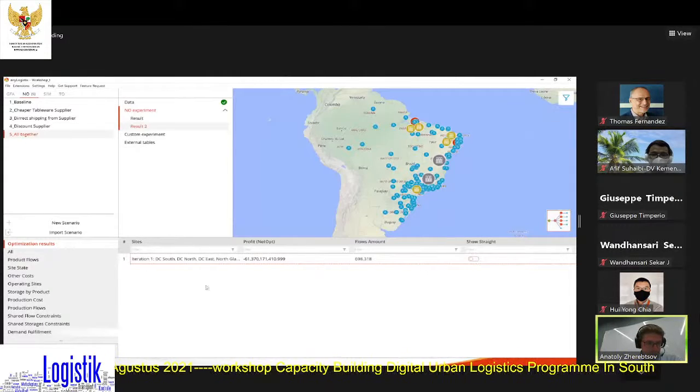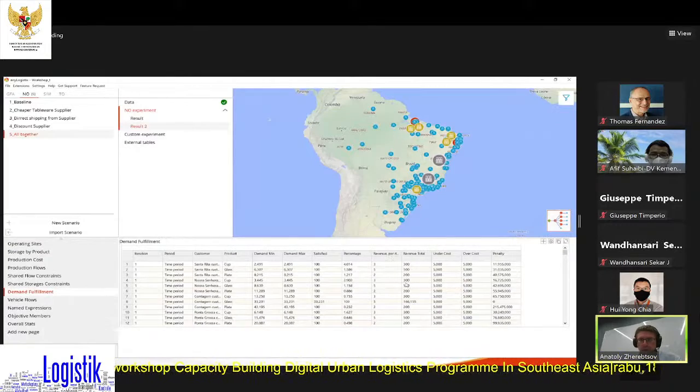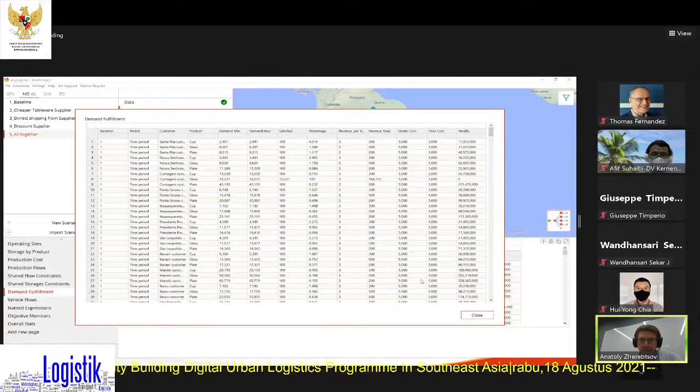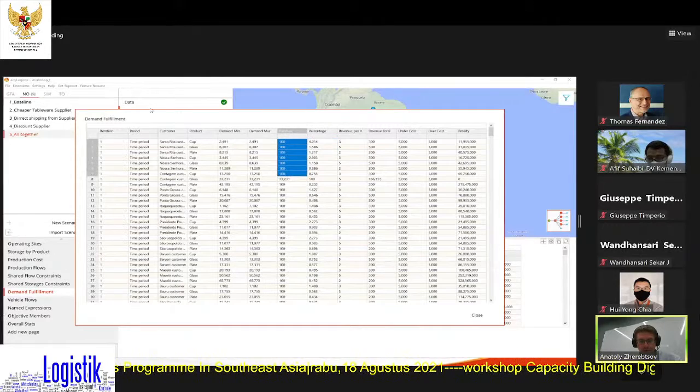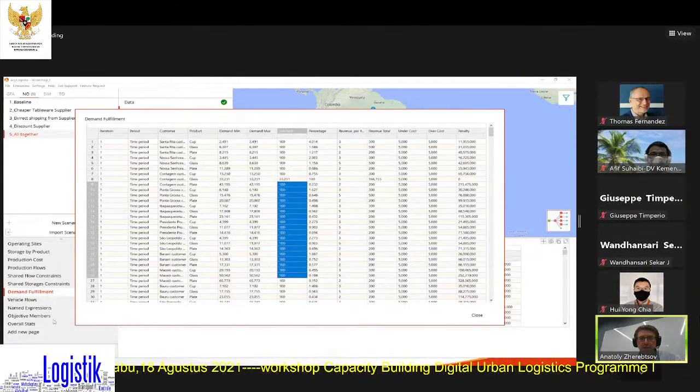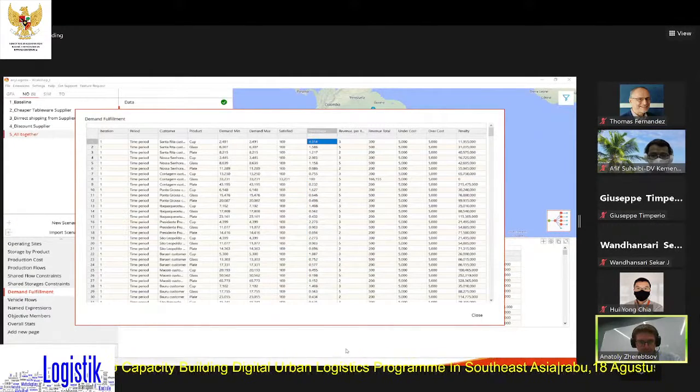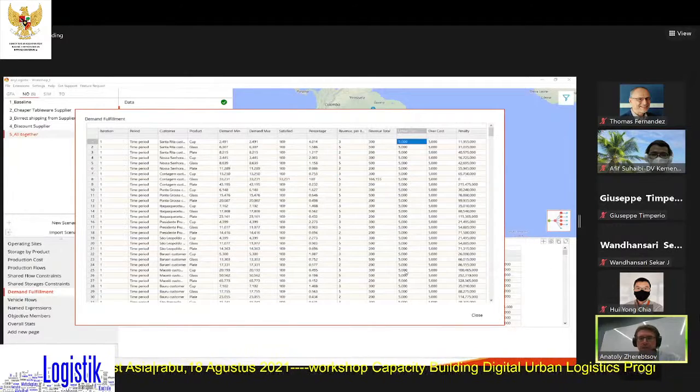And if we go to the demand fulfillment table, we'll notice that our hard constraint for flows is maintained, but as a result, we get a low demand fulfillment percentage, from 4% to 75.75%, and that means that we pay an additional 5,000 per each not delivered unit.